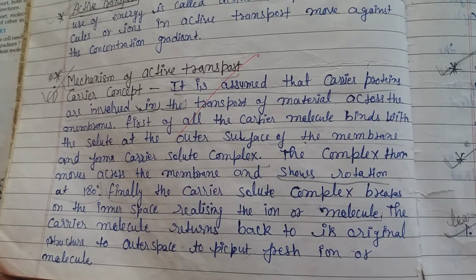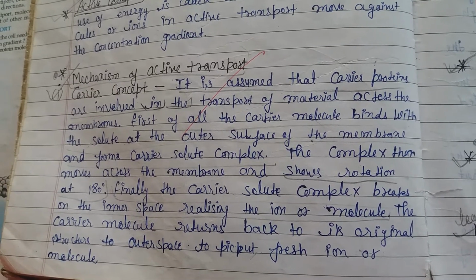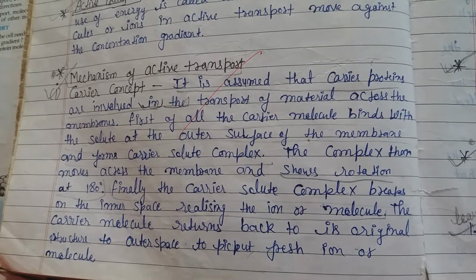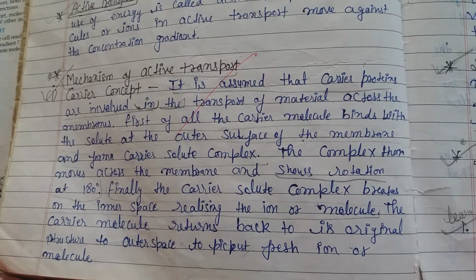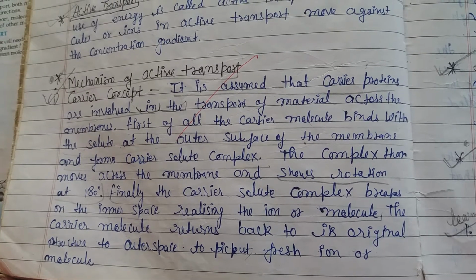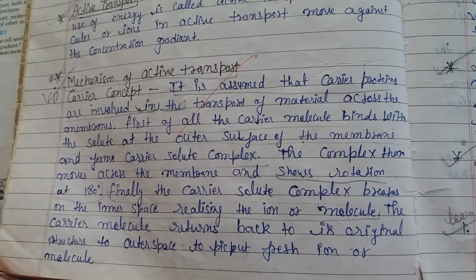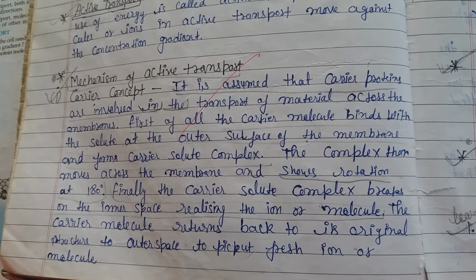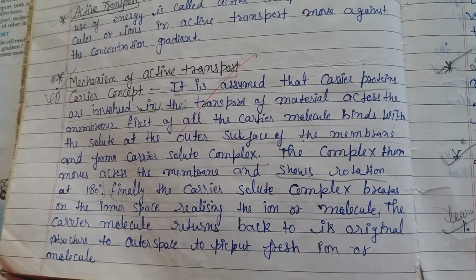The complex then moves across the membrane and shows rotation at 180 degrees. Finally, the carrier solute complex breaks on the inner space, releasing the ion or molecule. The carrier molecule returns back to its original structure to the outer space to pick up fresh ions or molecules.